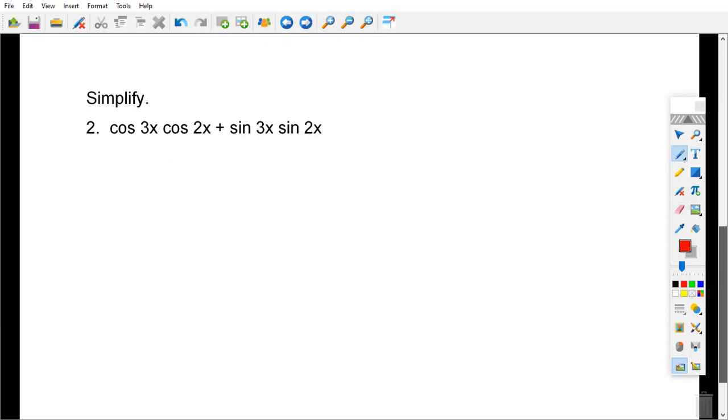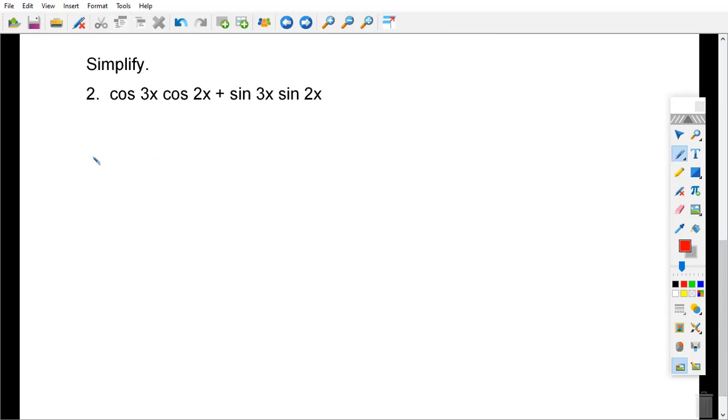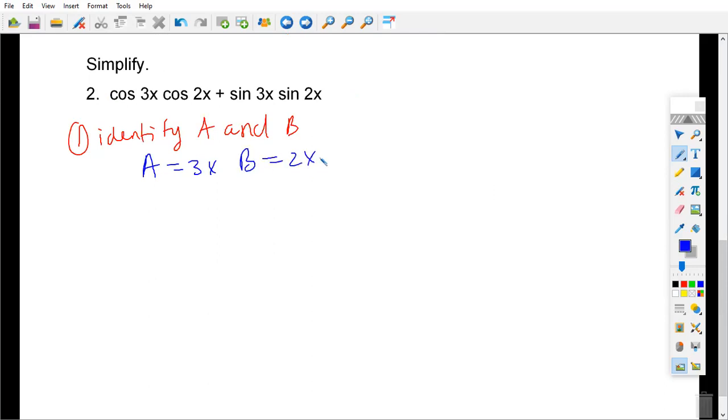So here we are. Step 1 is to identify your A and B. For this problem, A equals 3x and B equals 2x.